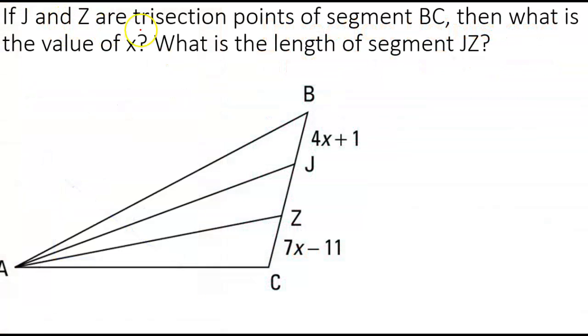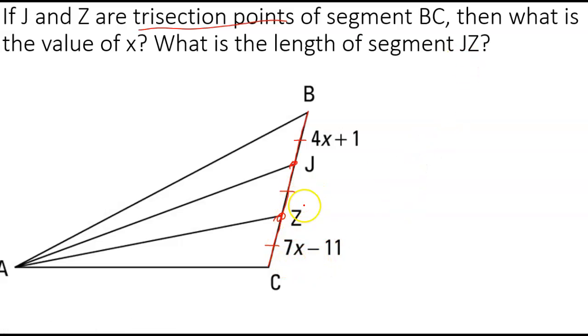Now, J and Z are trisection points of segment BC. So we are focusing on segment BC here and nothing more. These two are trisection points, therefore these segments will be congruent. So what is the length of segment JZ?